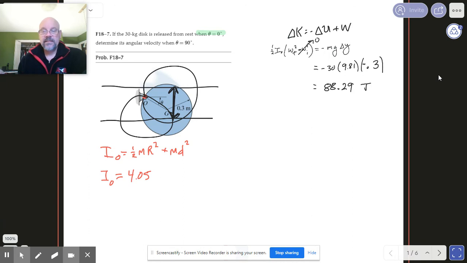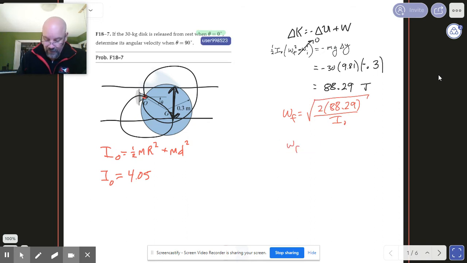Now that's just the right-hand side of the equation. Our other side is still 1/2 I naught omega final squared, which means we get the same relationship we're used to seeing: omega final is the square root of 2 times 88.29 divided by I0.